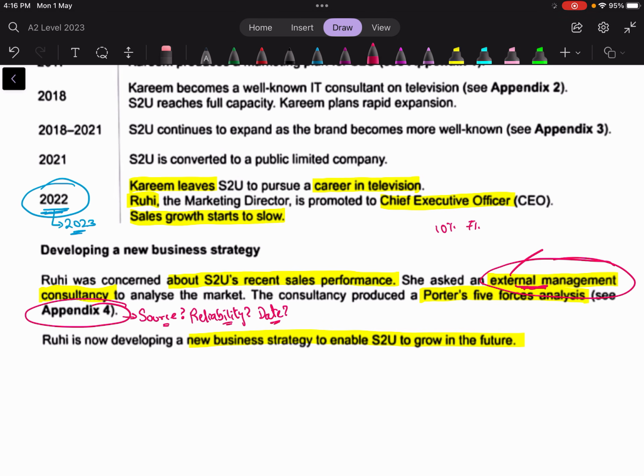Also, this particular agency had conducted the 5 forces analysis in 2022. But Ruhi is asking you to evaluate a new business strategy, or evaluate the approaches that would be used to evaluate a new business strategy, from this year forward. So the question arises that the analysis conducted in 2022 would obviously be based on past performance.